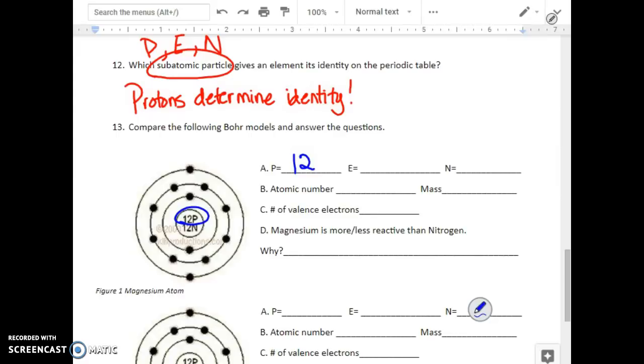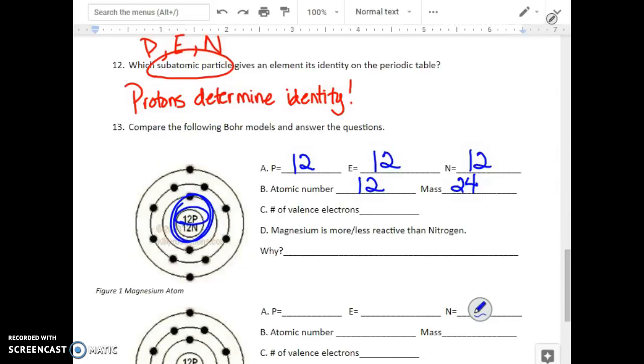Because protons determine the identity, it is also the atomic number. Protons always equals electrons, and to figure out my mass, it is my protons plus my neutrons, so that my mass is going to be 24. So 12 plus what? And it actually gave it to us in the problem itself.